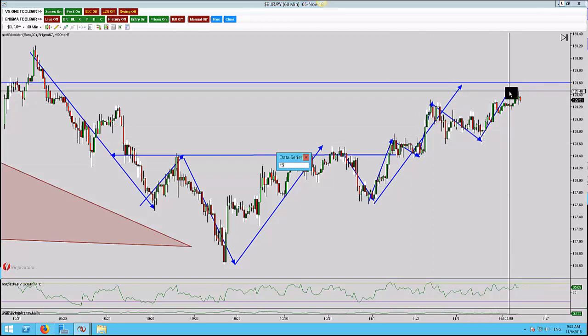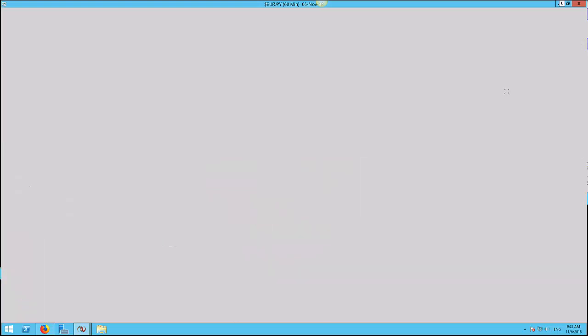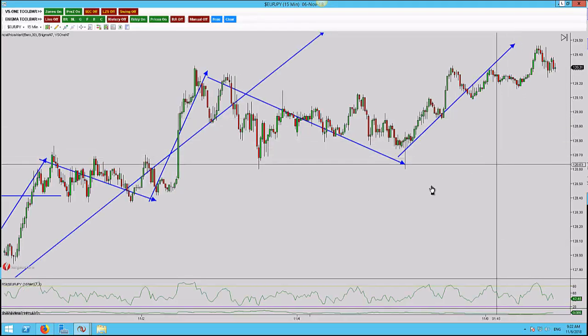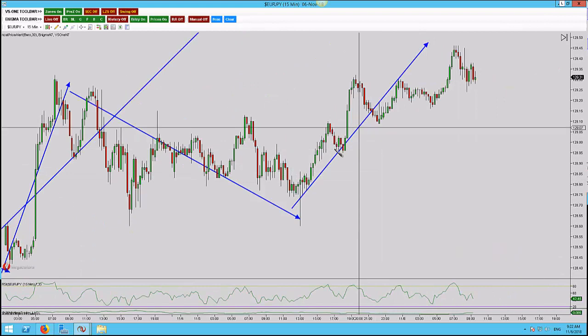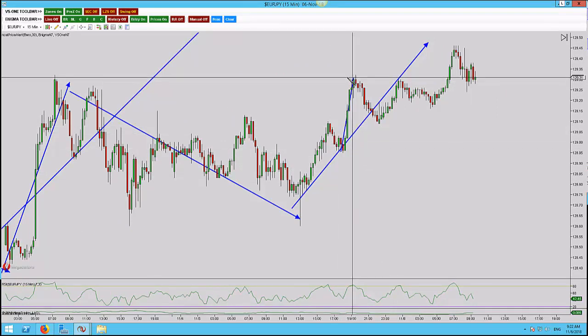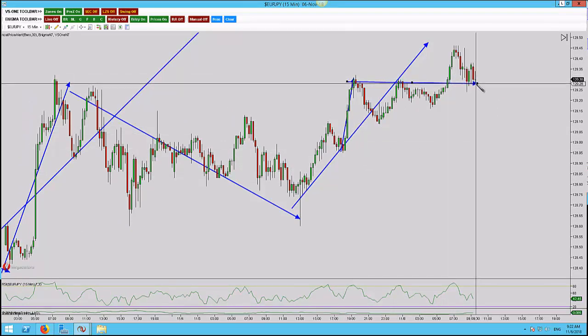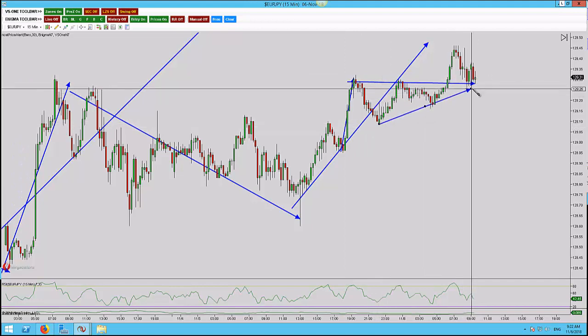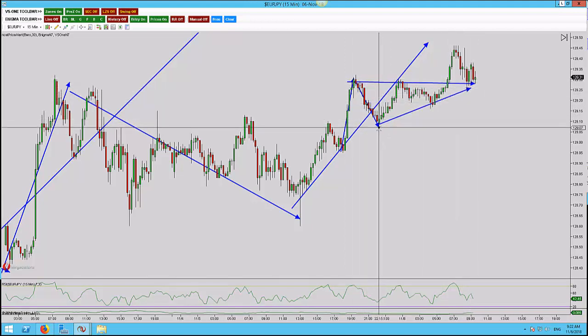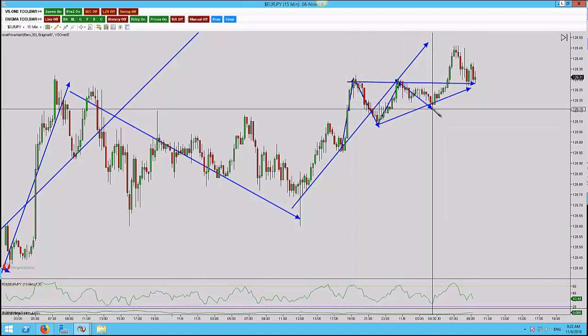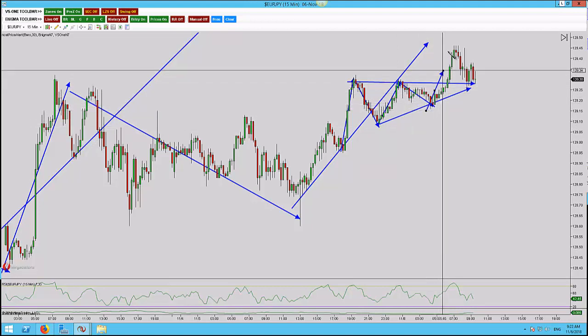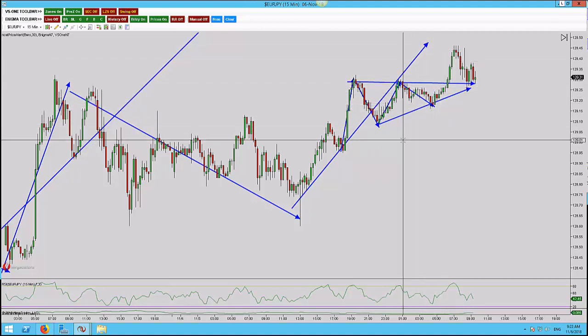And then if I drop down to the 15-minute, this is something I was interested in getting involved with. It was a triangle looking like this. And I was going to enter for the breakout so that I could hold for the extension of the bigger head and shoulders.